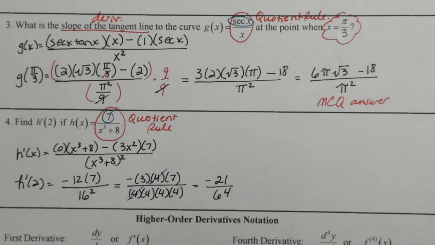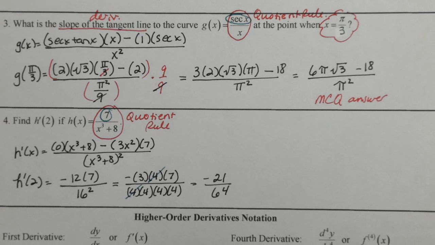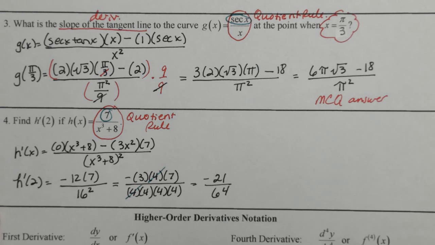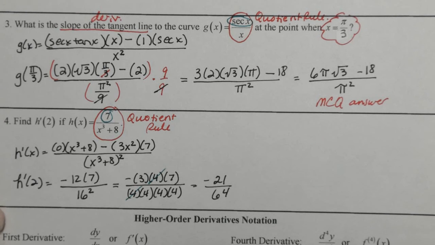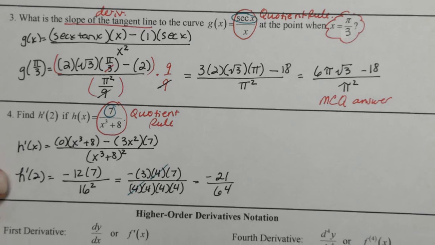So that's how I would simplify that myself if I didn't have a calculator in my hand, which I don't. Alright, so that was the quotient rule. It's very important. These are both really important rules.